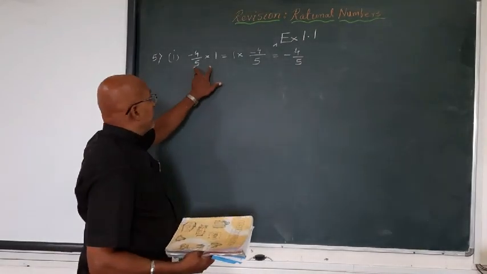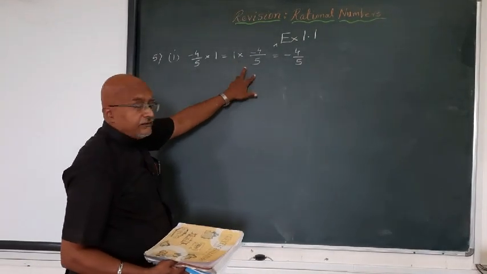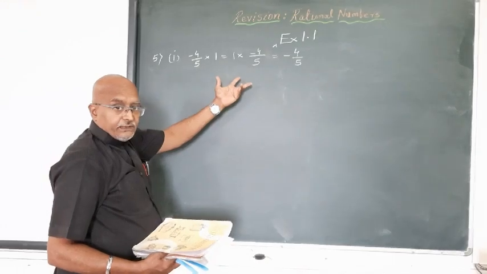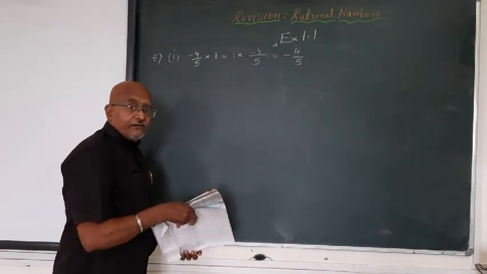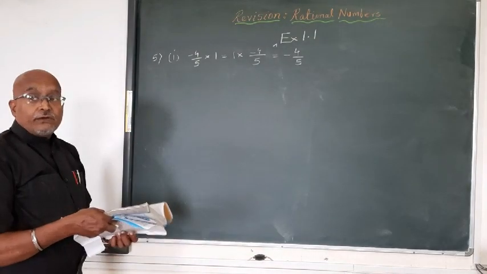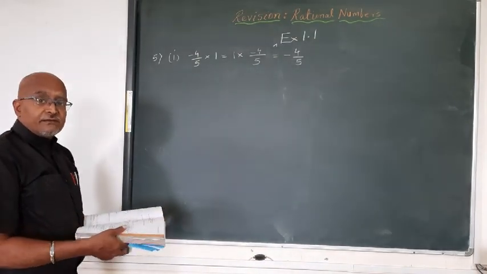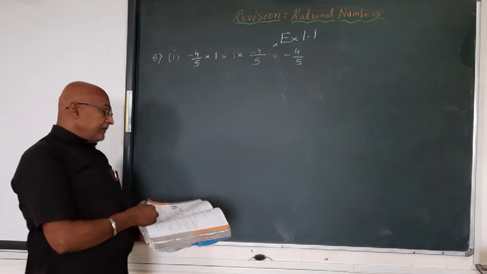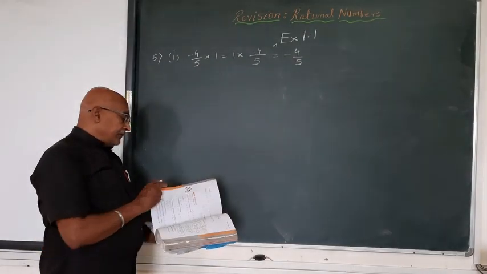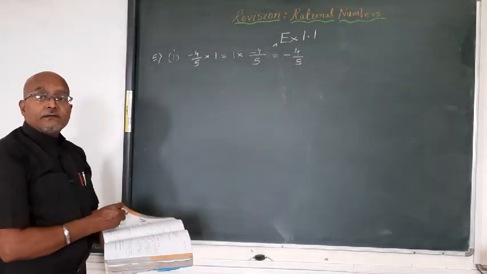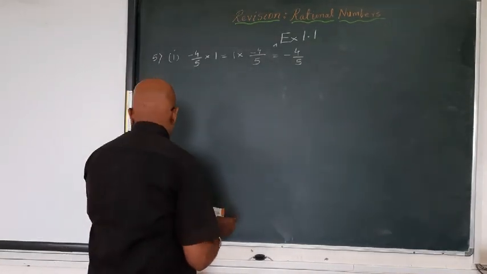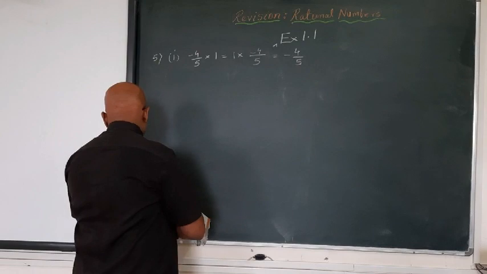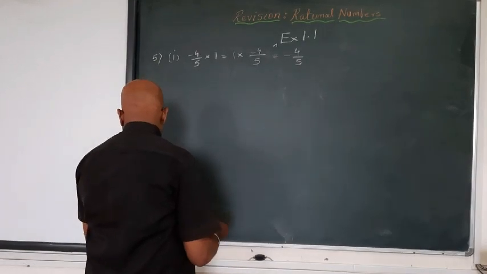Either you multiply in this sequence or the opposite sequence, that is A into B or B into A. It is the same. The result is going to be the same. What is this property known as? It is known as the commutative property.